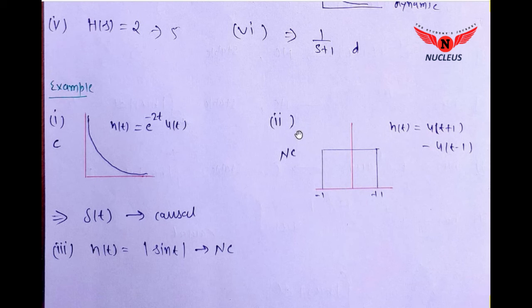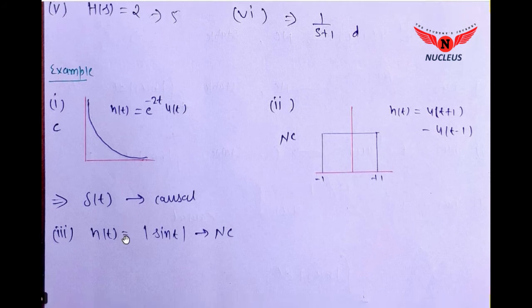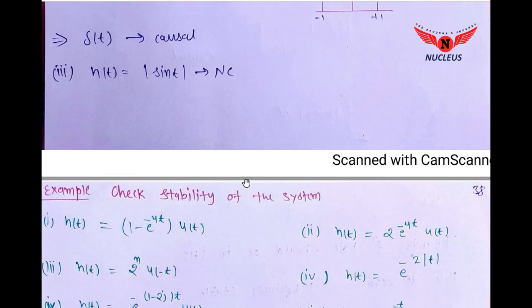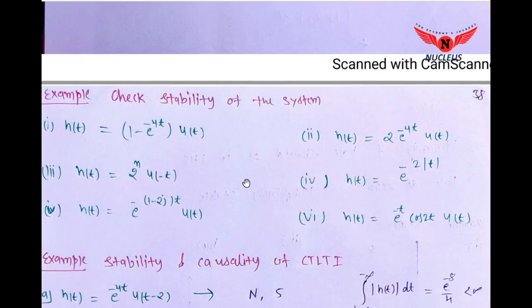This function is not causal because h(t) is not equal to 0 when t is less than 0. Delta t is a causal function, and the third function is h(t) equal to mod of sin t. So mod of sin t is also non-causal because h(t) is not equal to 0 for t less than 0.